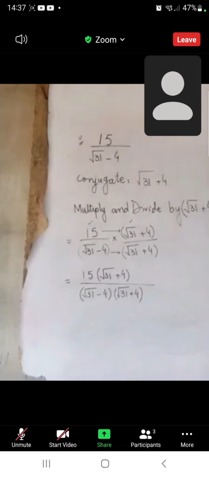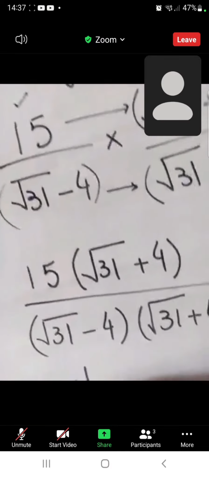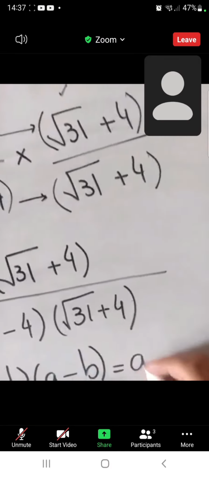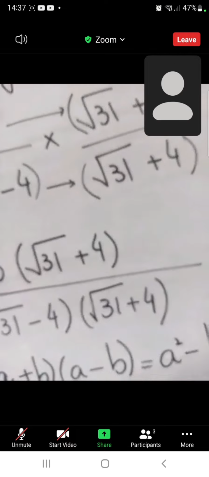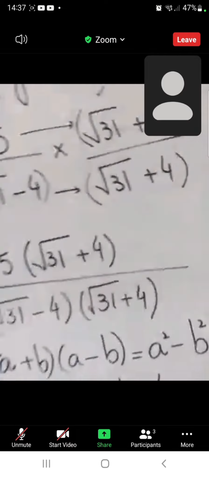Again, as I told you in the morning, when you apply the rationalization process, you have to apply the formula here in the denominator, that is a plus b into a minus b is equal to a square minus b square, where a is square root 31, the first term, and b is 4, the second term.